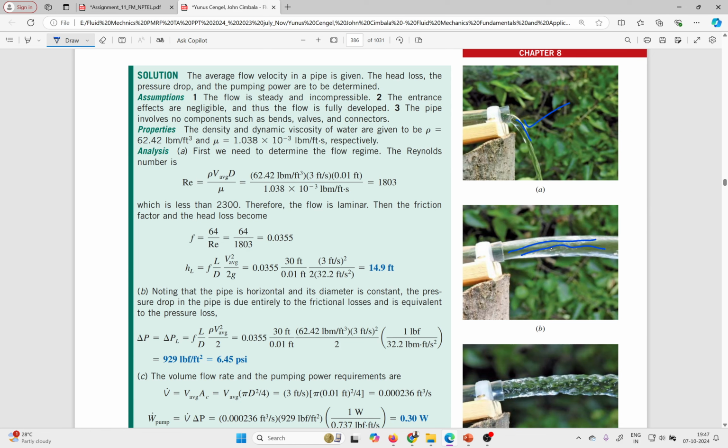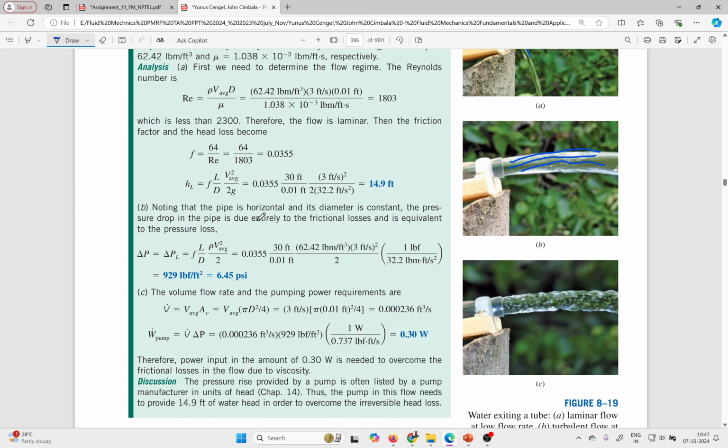This also looks very smooth, but this is not a laminar flow. This picture is taken from far away. Both figure B and figure C are similar. The difference is that this photo is taken from very near and this one is taken from far away.